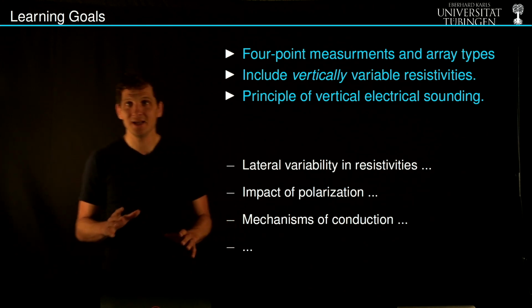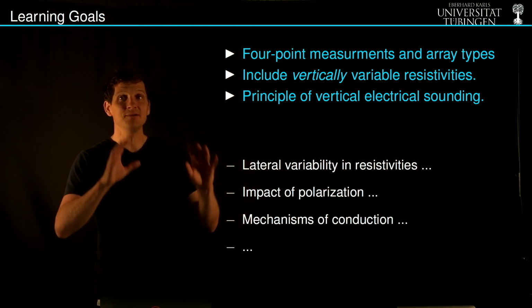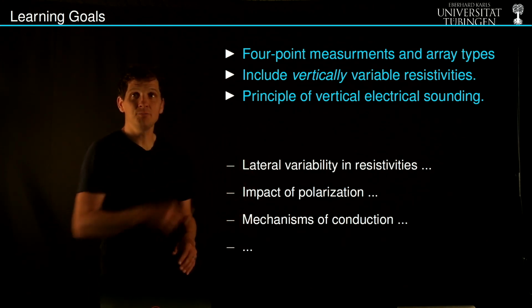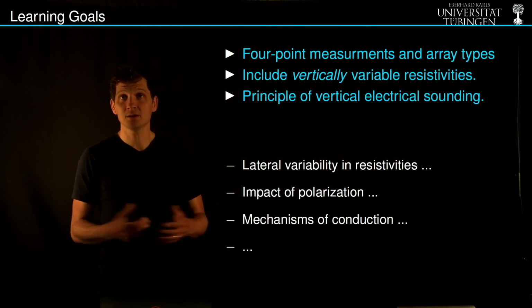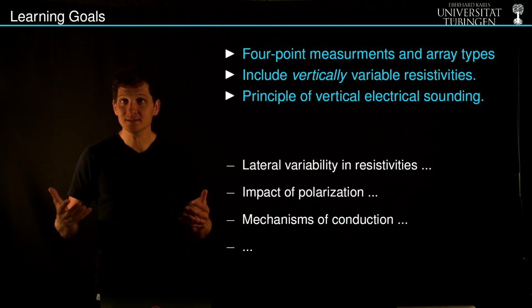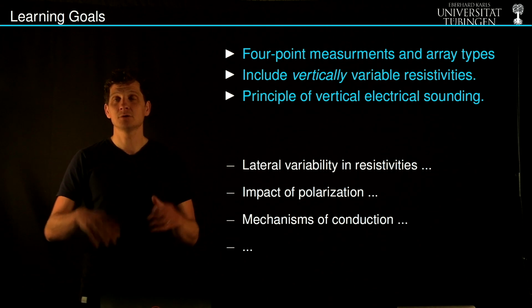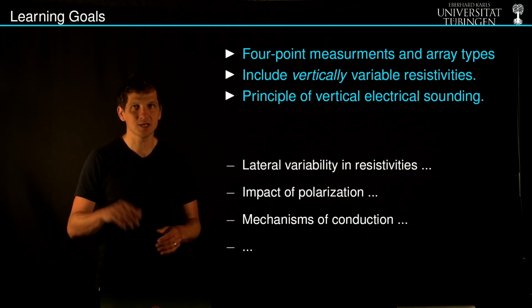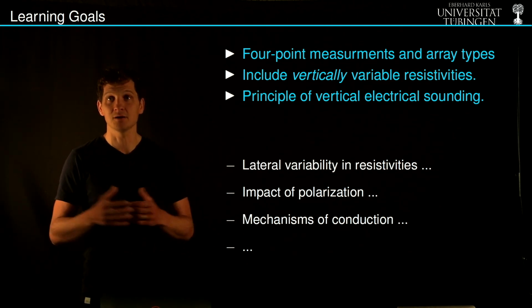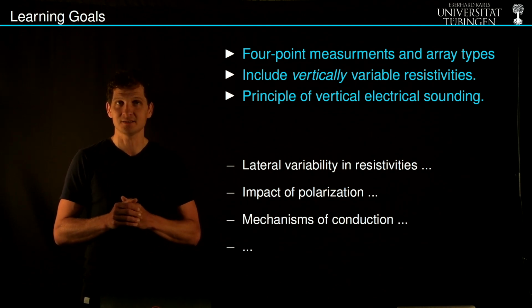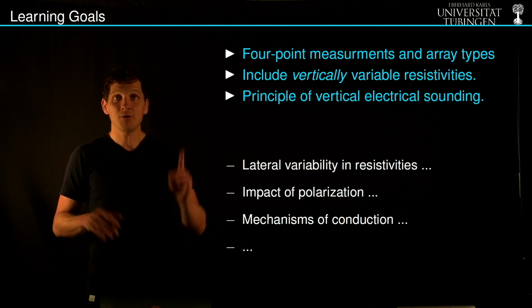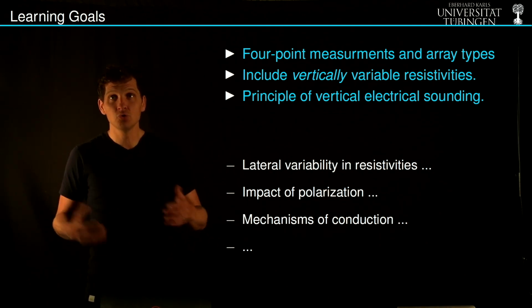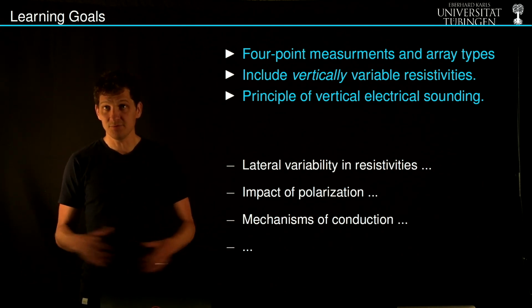Okay, wow. This brings me to the end of this video. I briefly reiterate, you should by now be very familiar with what a 4-point measurement array is, why we use it, and you should know at least 2 types. Wenner and Schlumberger are the ones to remember for your applied exercises. You are now also able to include a vertical variability of the resistivity.